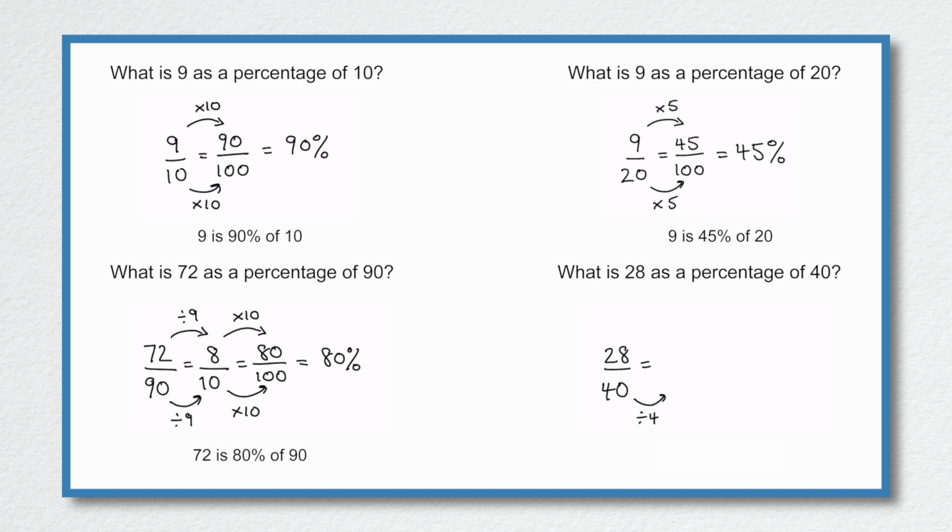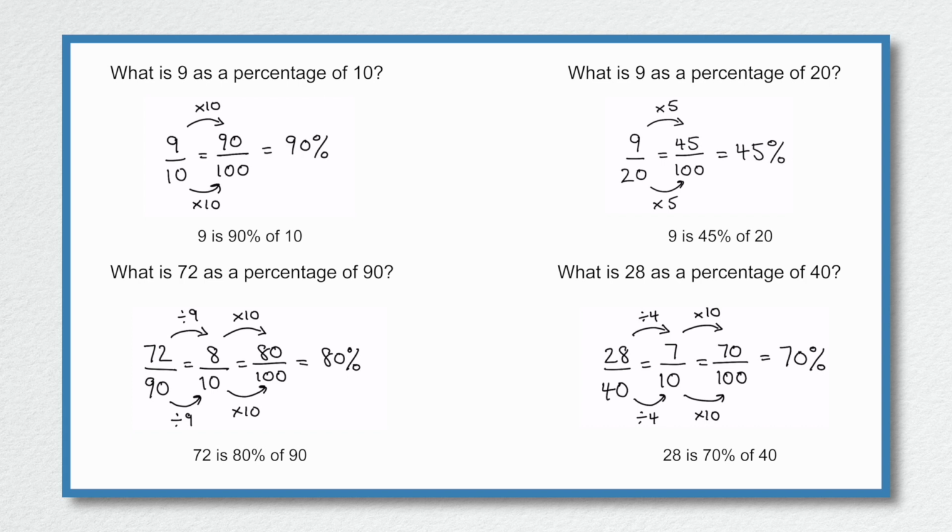Well, 40 divided by 4 is equal to 10. What I do to the bottom, I must also do to the top. So 28 divided by 4 is equal to 7. So I end up with the fraction 7 over 10. Using what we've already done before, this can be written as 70 over 100, and this is equal to 70%. So 28 is 70% of 40.